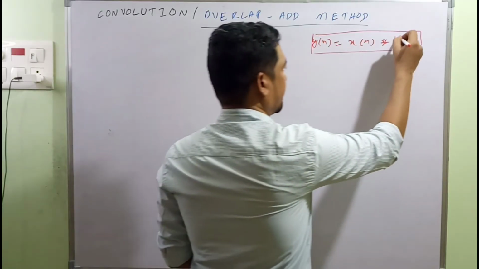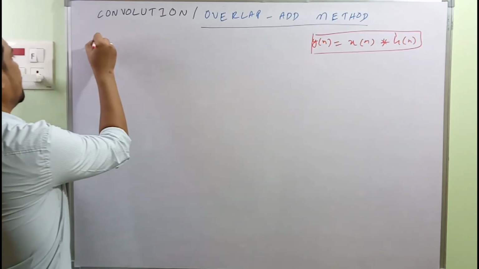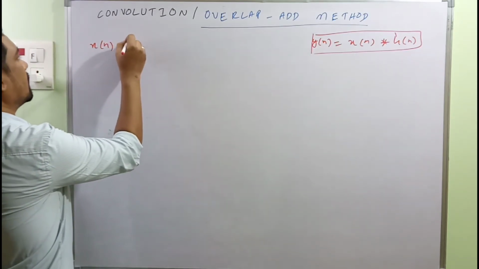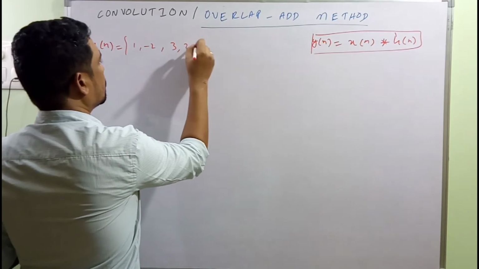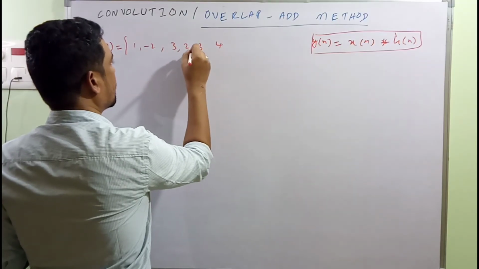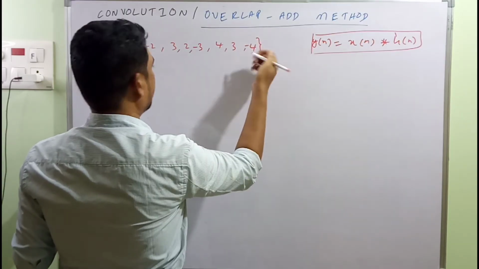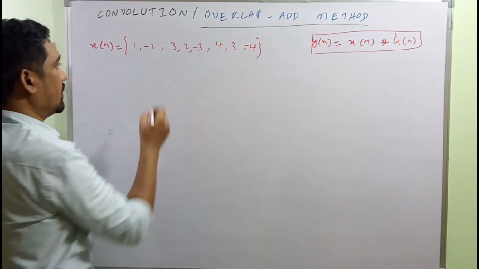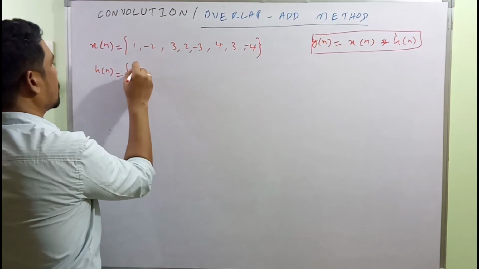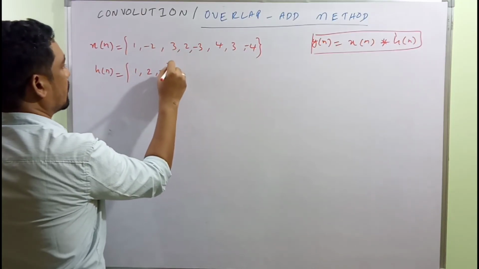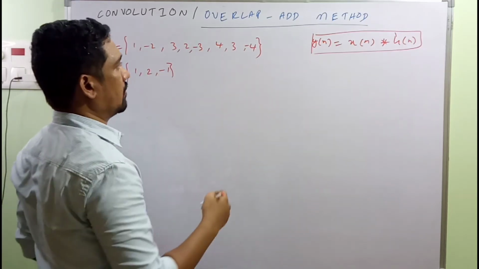Considering two sequences, let x of n be 1, 2, negative 3, 2, negative 3, 4, 3, negative 4, and let the impulse response h of n be 1, 2, minus 1. Convolution should be obtained between these two sequences using the overlap add method.